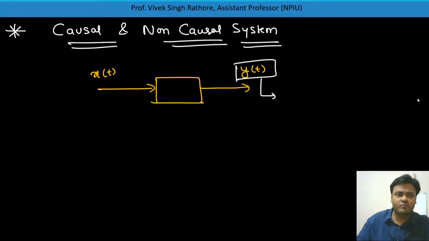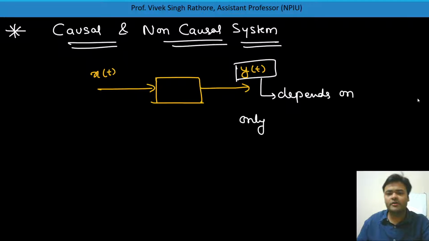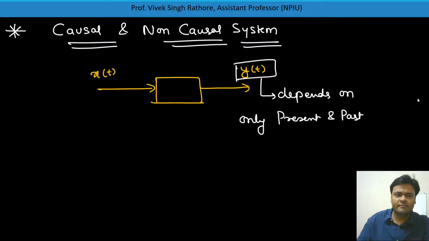If this response depends only on the present and past input, then it is called a causal system.